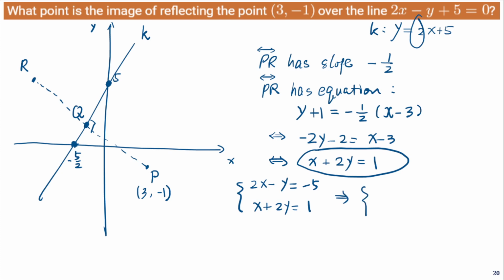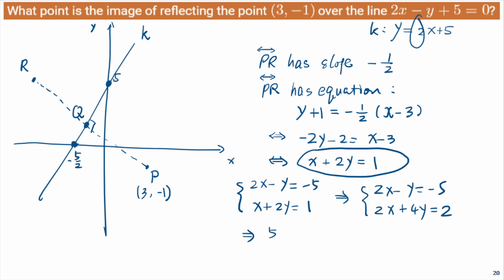And this tells us that 2x minus y equals -5, then 2x plus 4y equals 2.